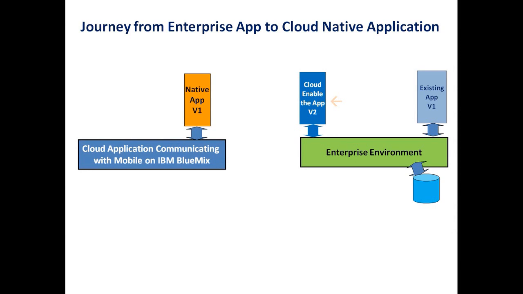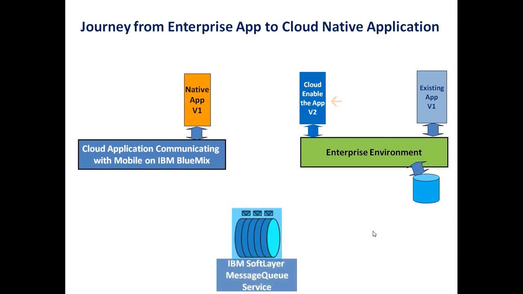What we also need to do is stand up an initial version of a native app on BlueMix, on the cloud. This allows us to talk to the IBM software message queue service. This is where the message is produced and saved.